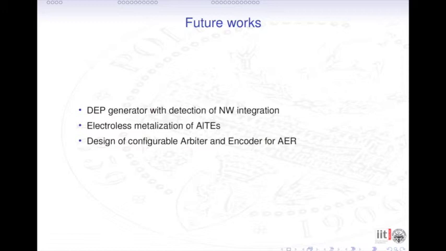The aluminum electrodes of the micro-nano chip can also be metallized using a different metal like gold, for example, to reduce the contact resistance between the electrodes and the nanosensor.